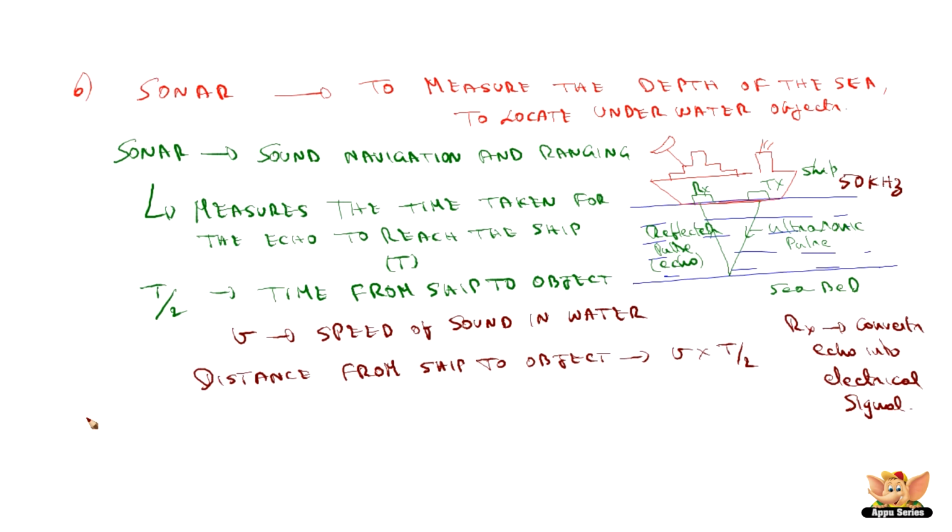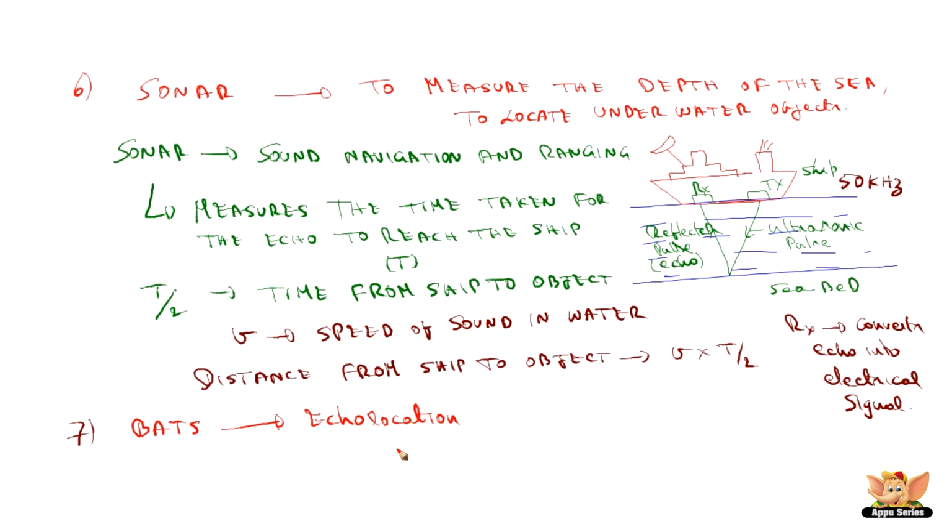And the other application which we see mostly in animals is things like bats. What they do is they use a method called echolocation. See, bats can do two things. They use this echolocation method to locate objects by hearing the echoes. Let us say there are some obstacles.